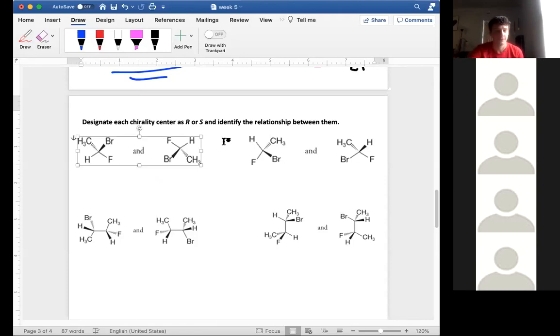So would either of these two examples be a diastereomer of each other? No. So you already know that's out of the question, right? So if you're given something like this, on the exam he could give you, compare these two, what are they? And you know that right now they're not diastereomers. So right now we're looking if they're enantiomers or the same, right? So can somebody tell me what they think it would be?